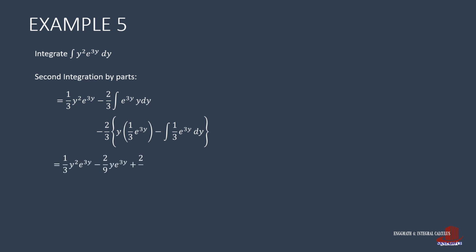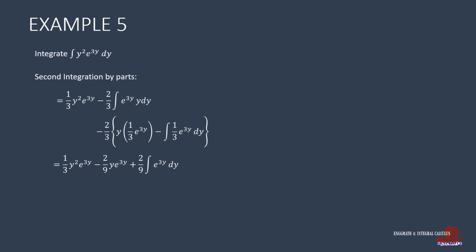Place constants out and have a third of y squared times e raised to 3y minus 2/9 of y times e raised to 3y plus 2/9 of the integral of e raised to 3y dy.